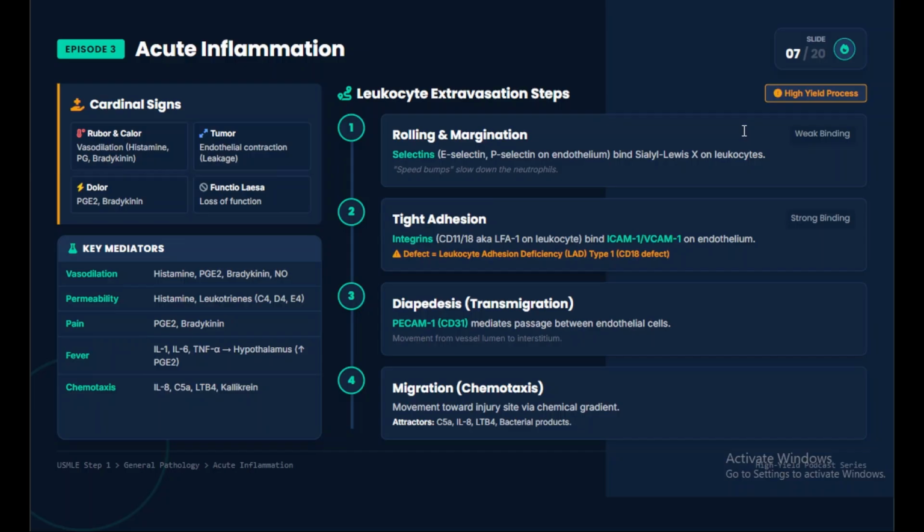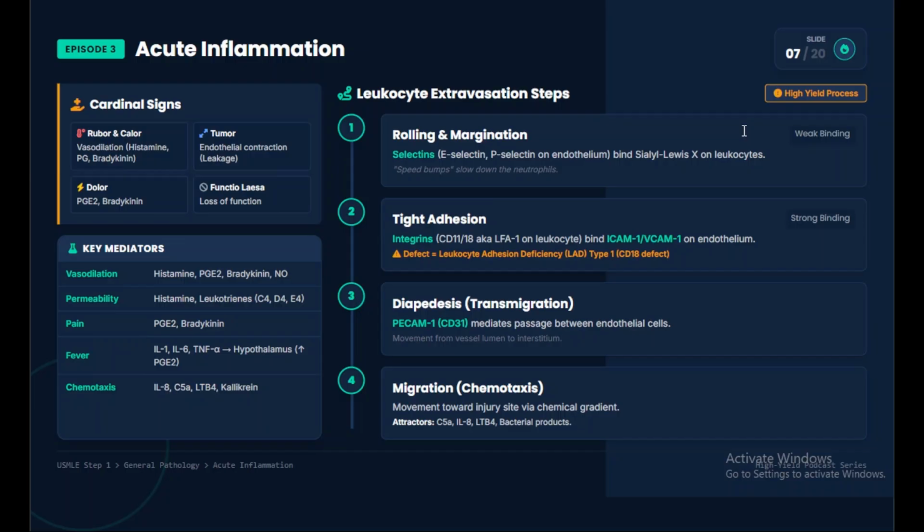Inflammation is the body's first line of defense against harmful stimuli. So let's start with the classic hallmarks. Remember Celsus's famous four signs. I'll go into detail of that later. The cardinal signs of inflammation are rubor, which is the redness, and calor.